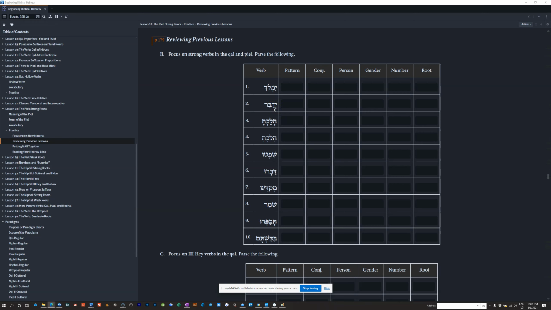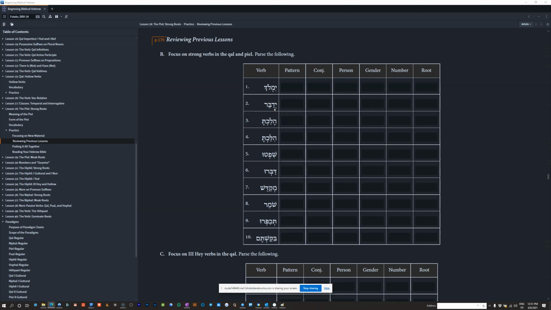All right, let's take a look at C. Here we've got third hey verbs in the Qal, and I can't remember if I went over this in this class or not, but we understand that a third hey verb can do a few different things depending on what you're adding to it.